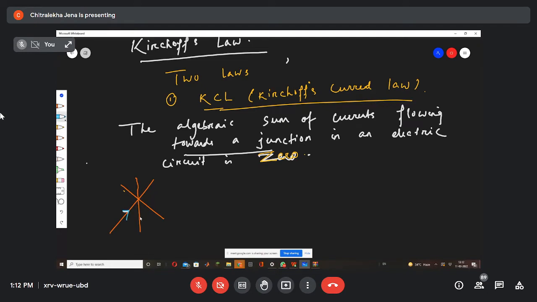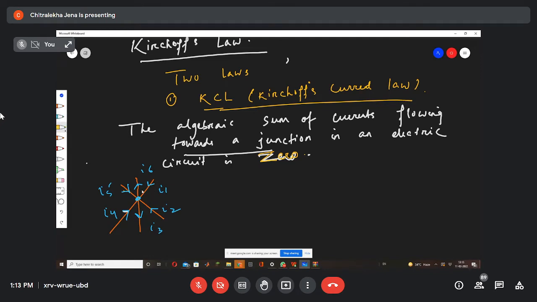Now tell me, suppose there are different currents flowing here. Let this be I1, this I2, this I3, this I4, this I5, this I6. What are the currents flowing towards the junction?